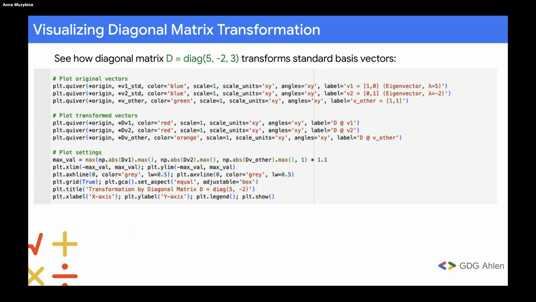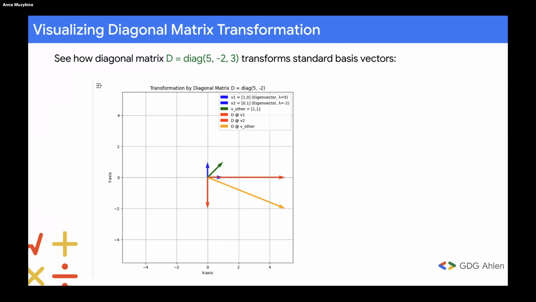for the first two, and orange for v_other. So if we run all this code, we'll see this beautiful plot. So let's look at the plot.